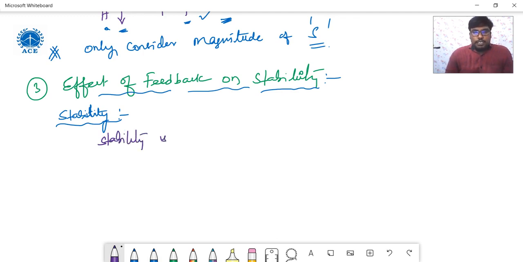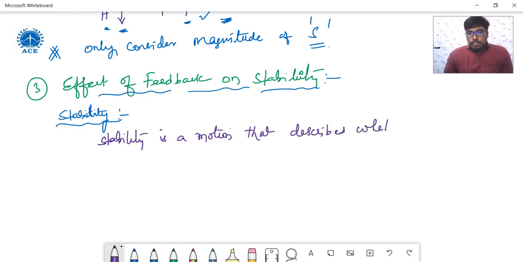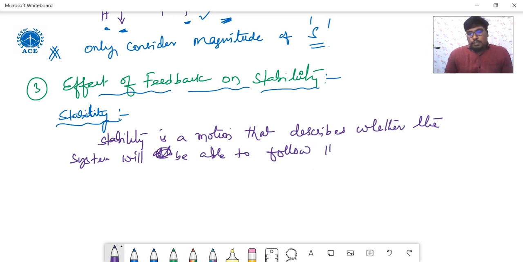Stability is a notion that describes whether the system will be able to follow the input command.